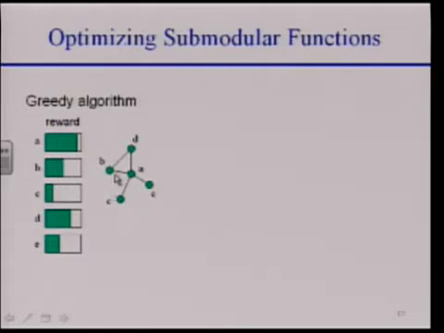And then once I already have this, adding new nodes will no longer create more edges, so I will stop. That's basically how I first compare and pick one, and then I see what would be the additional gain.